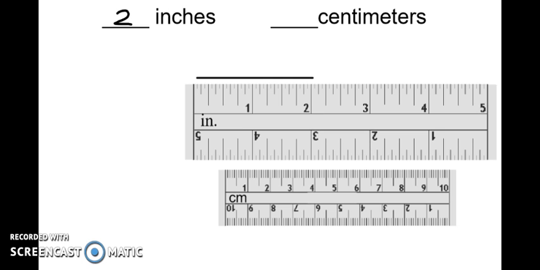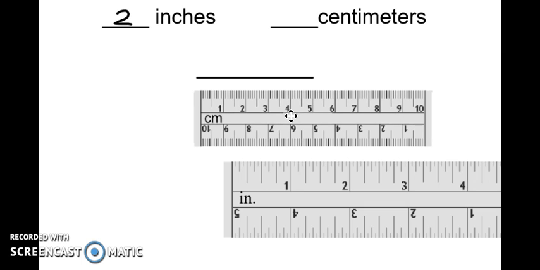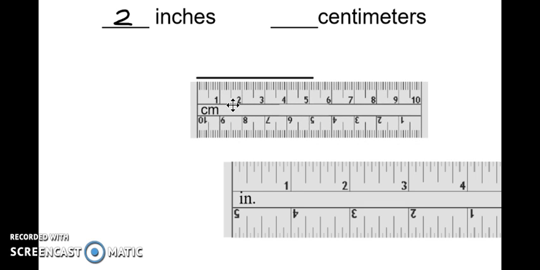Now, I'm going to measure using my centimeter ruler. So bring my centimeter ruler up, again lining it up where the 0 is, and then looking to see what number it's closest to. Well, this line is closest to the 5. So that means that this line is about 5 centimeters.